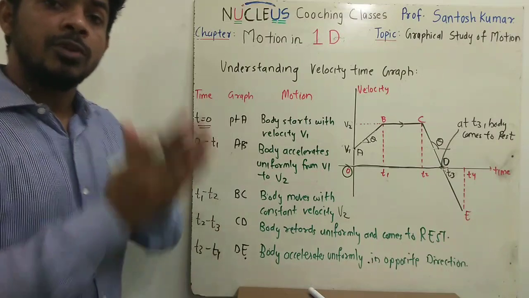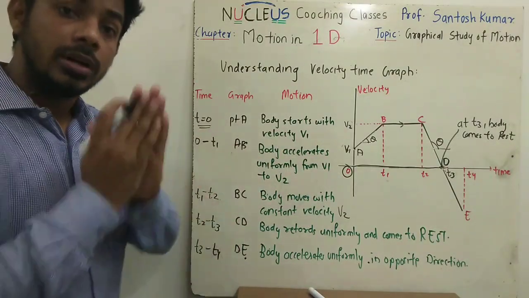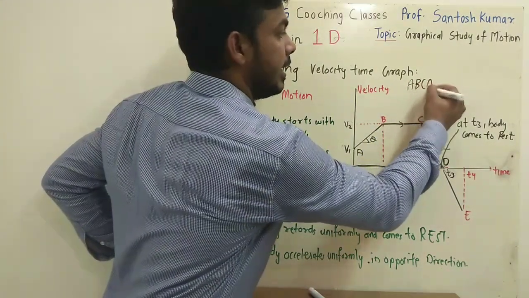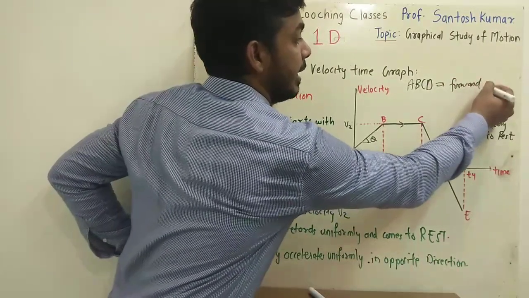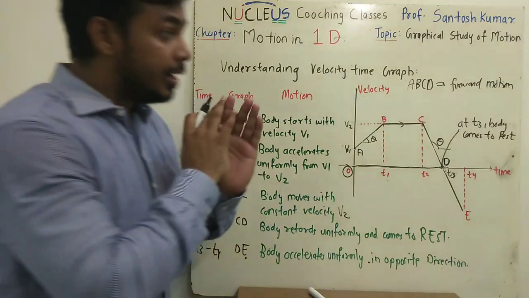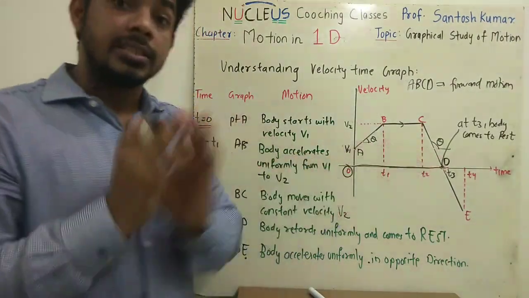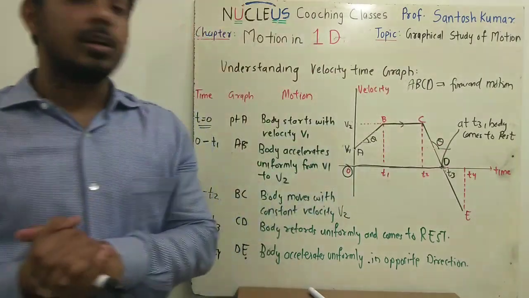So what do you observe? Body is still moving in the forward direction till it comes to rest. So the graph ABCD indicates forward motion, because velocity at no time is negative. The velocity at least is 0. That means while moving, after some time the body comes to rest.